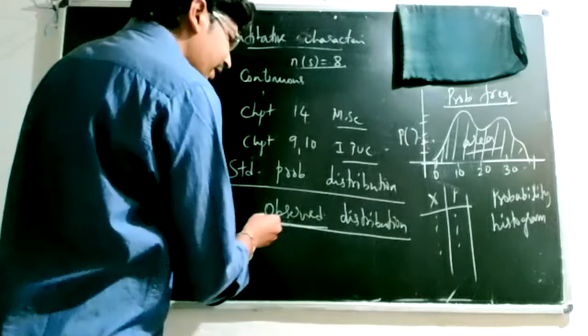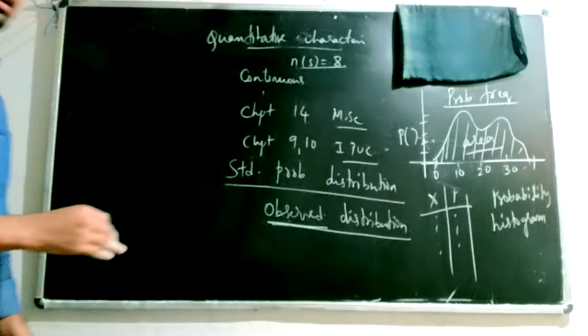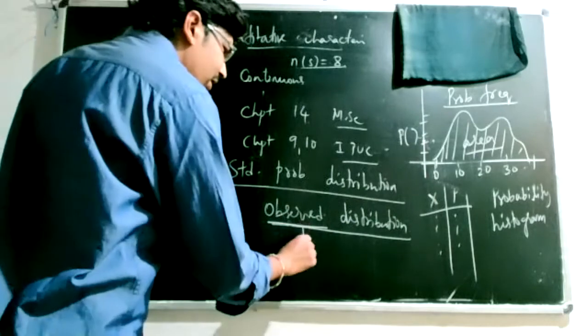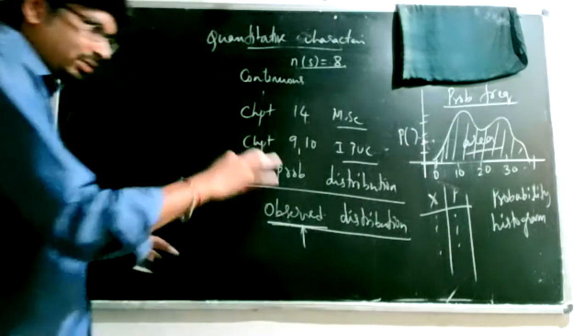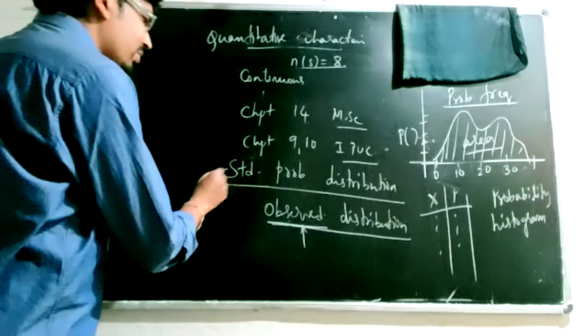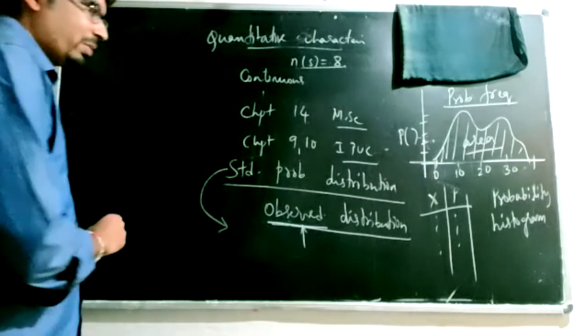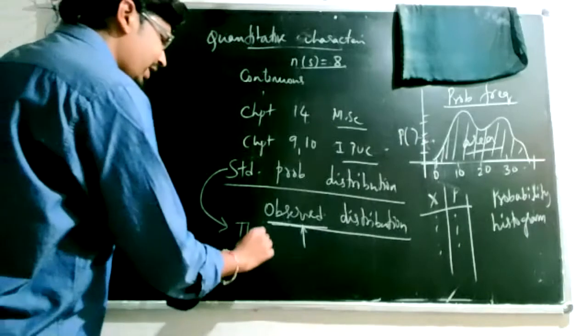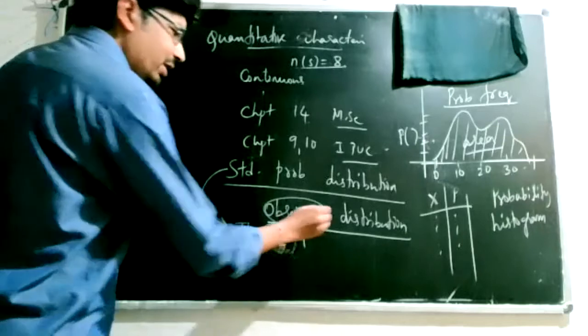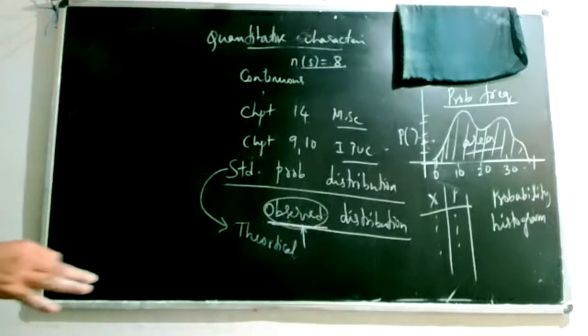But if I look into the cases where certain random variables are bound to certain assumptions or theoretical concepts, then such probability distributions are called standard probability distributions, because they are not based on the practical approach. You are not conducting any experiment or doing any practical analysis.